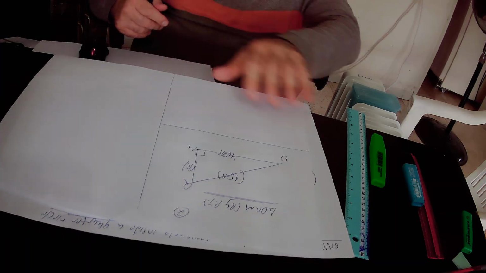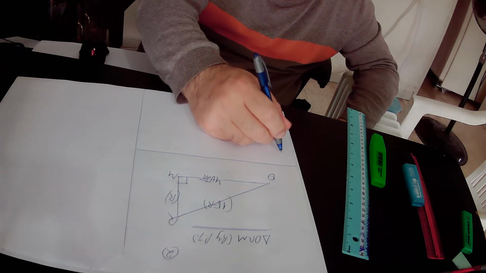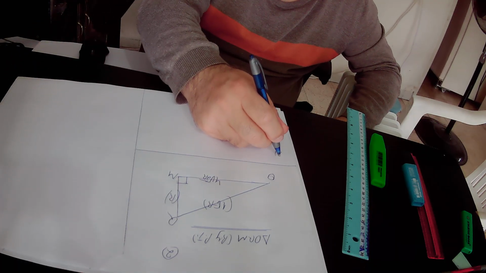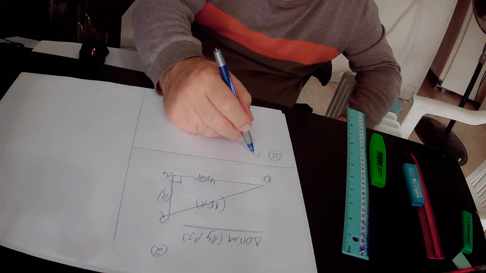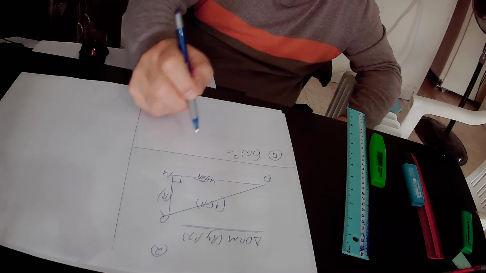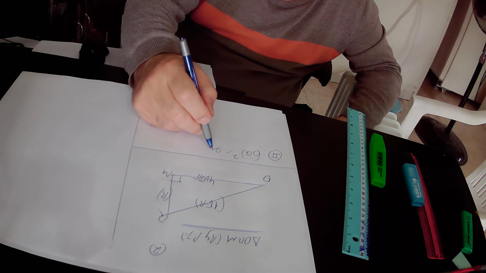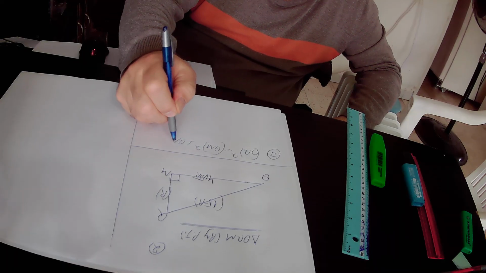This will be equation 2. So OQ squared, that is the square of the hypotenuse, equals QM squared plus OM squared.